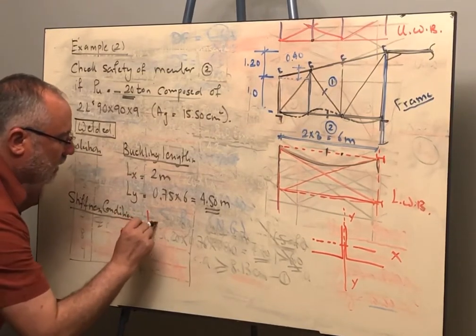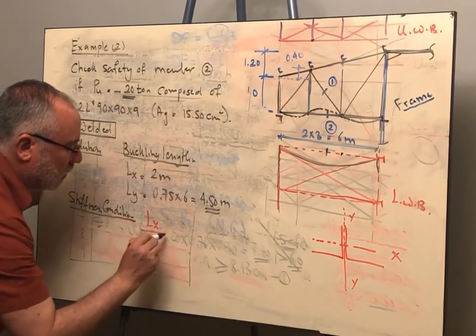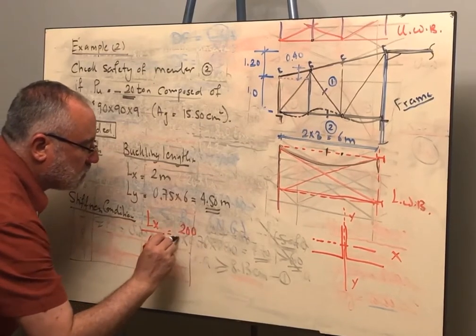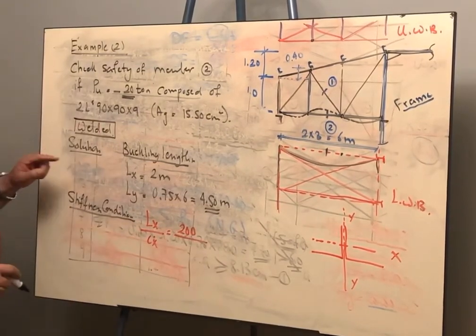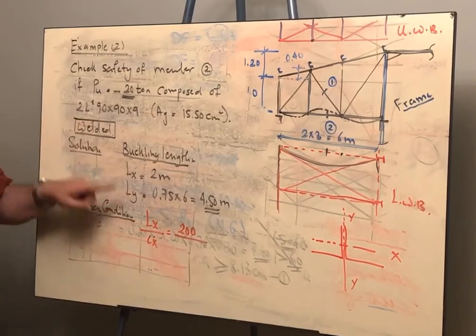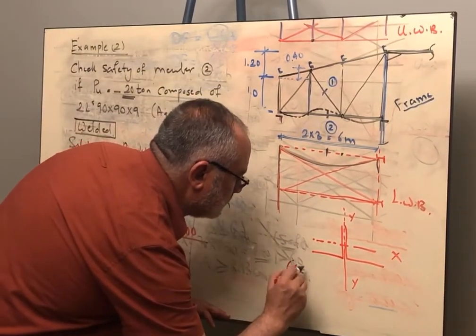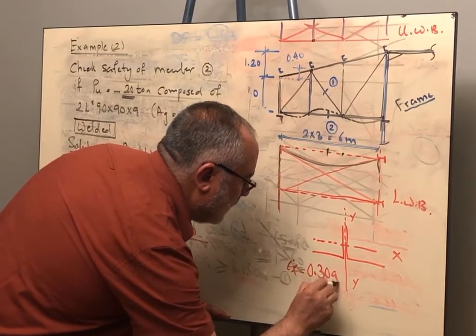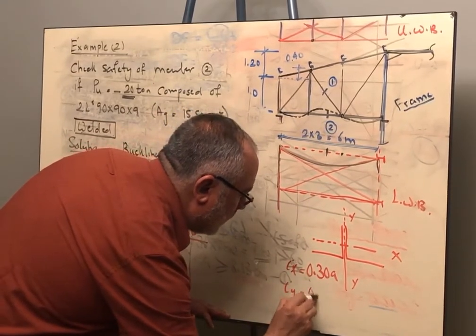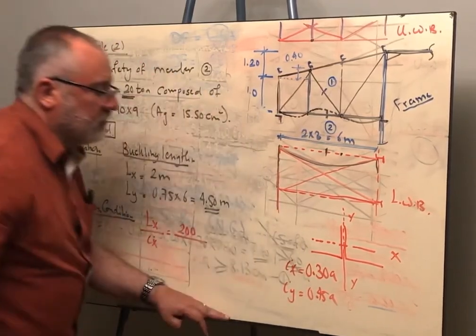We have here Lx over ix equals 200 divided by 0.3 times 9, where the angle leg is 9 centimeter, ix is 0.3a and iy is 0.45a.